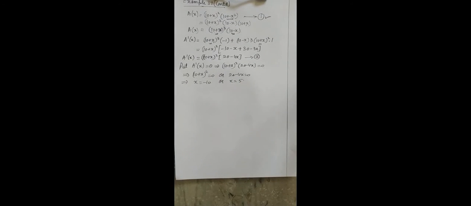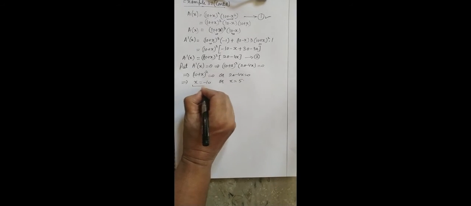So now students, I have to reject x equal to minus 10, because what was my x? It was the length of the line segment AB, which cannot be negative. So we will reject this value because lengths can never be negative. So I will take x is equal to 5.